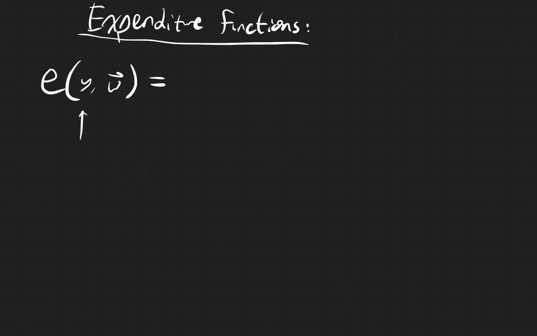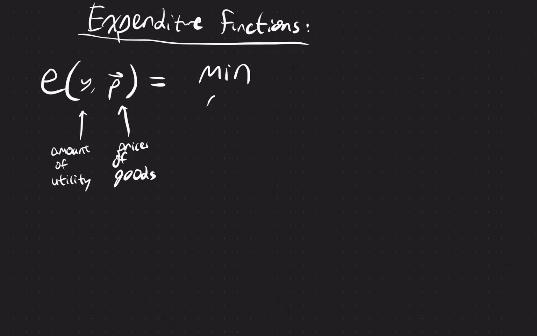This is going to be the amount of utility, and this is going to be the prices of goods. And we're going to define this as the minimum cost way to be a certain amount of happy.